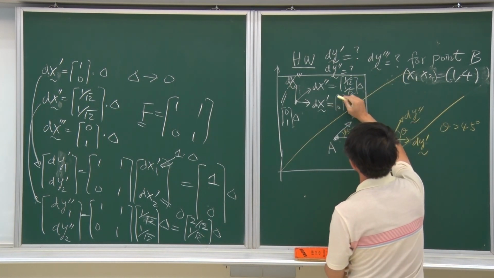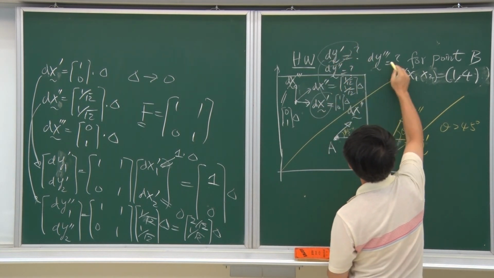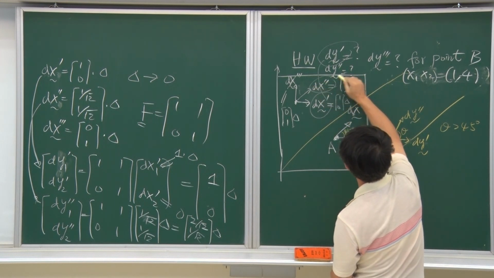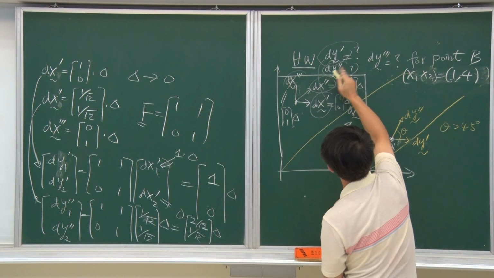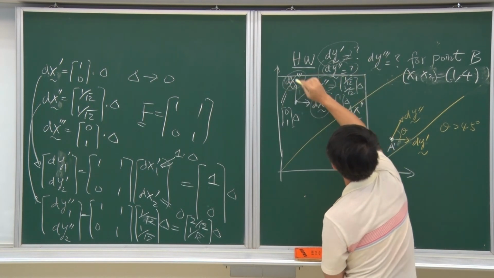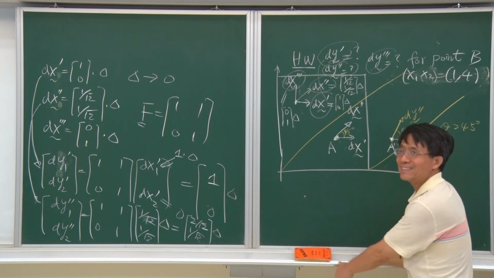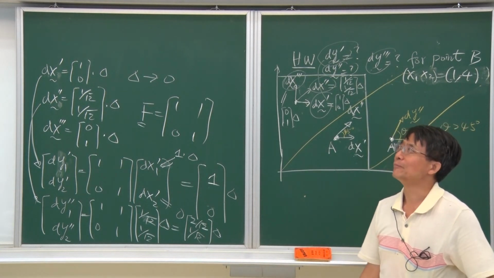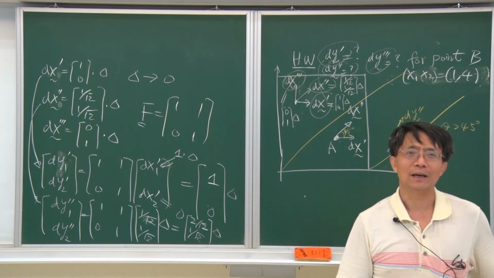I want you to calculate the deformed material line of dx prime, of dx double prime, and of dx triple prime. This is the homework of this subsection. Please finish it and turn it in to me at the right time.